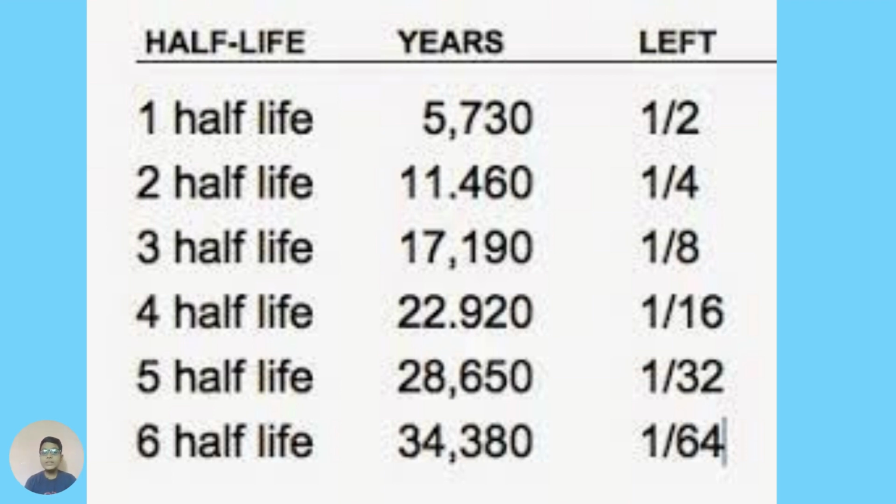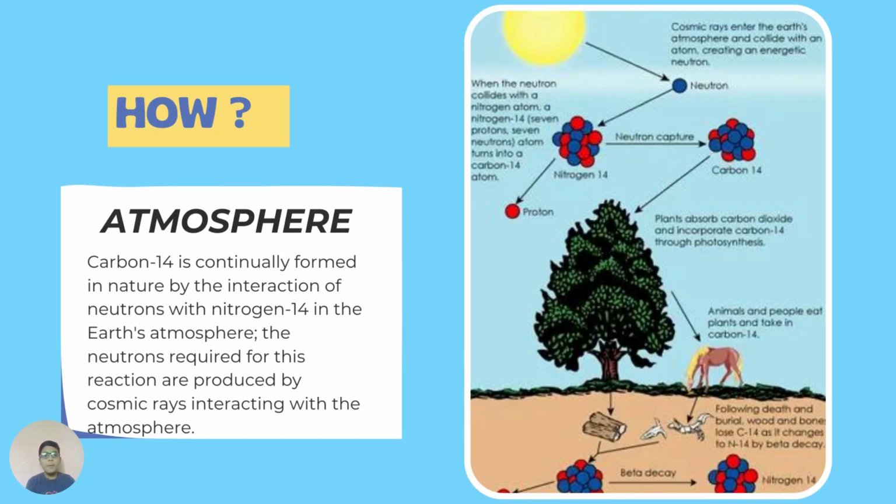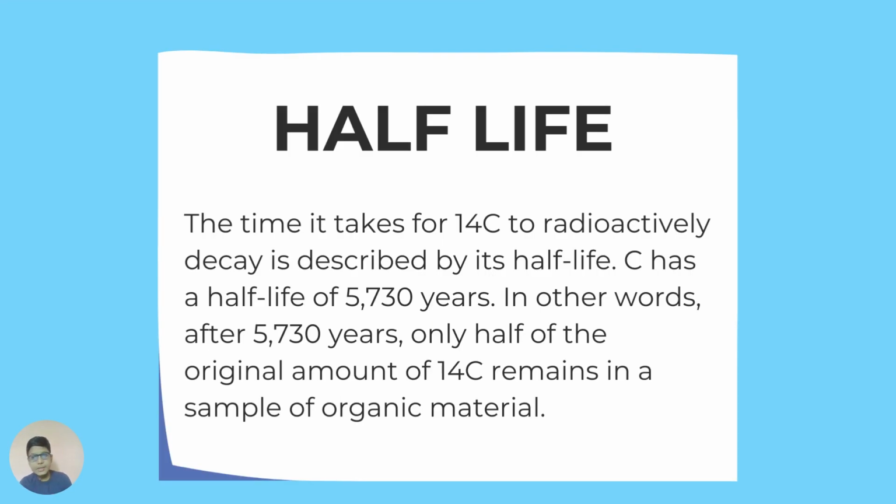Now what scientists do by using these two methods is predict how old something is. They understood that carbon 14 decay is predictable. That is why they can predict how old that organic material or sample is. Understood?